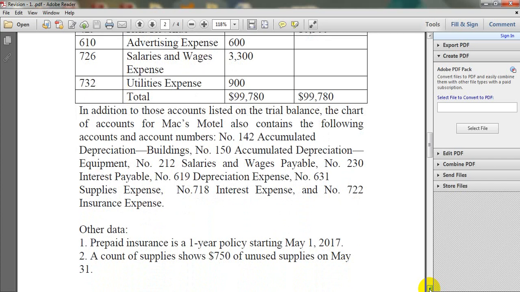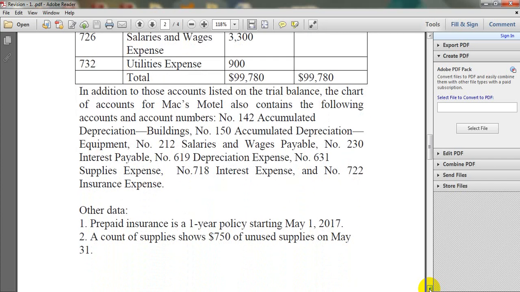We will start with the additional accounts: accumulated depreciation for buildings, accumulated depreciation for equipment, salaries and wages payable, interest payable, depreciation expense, supplies expense, interest expense, and insurance expense.